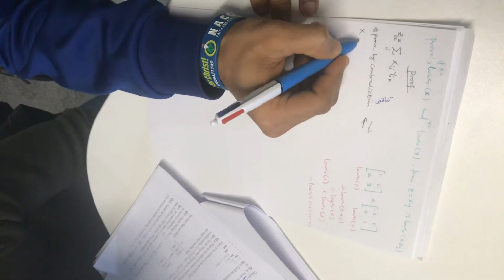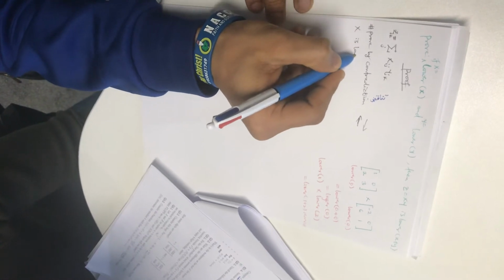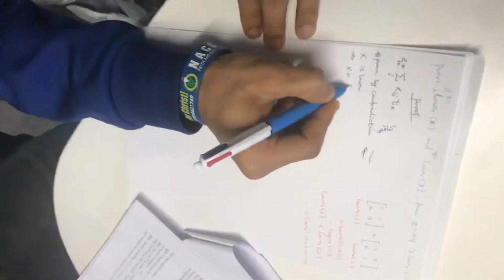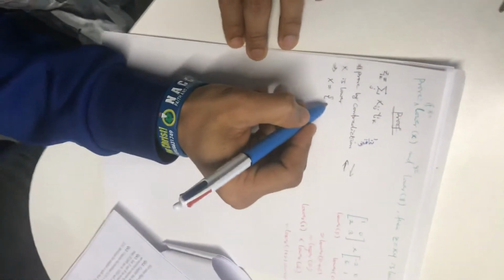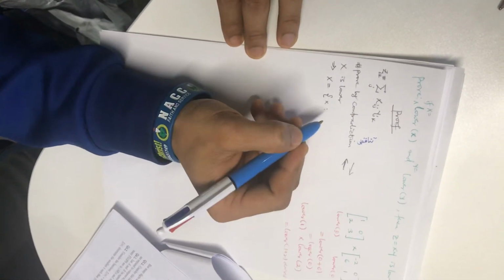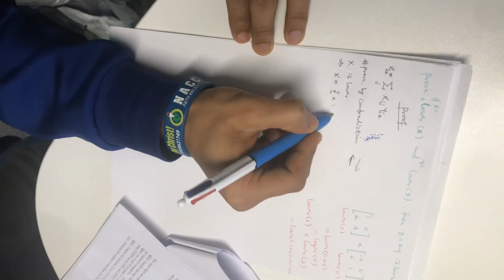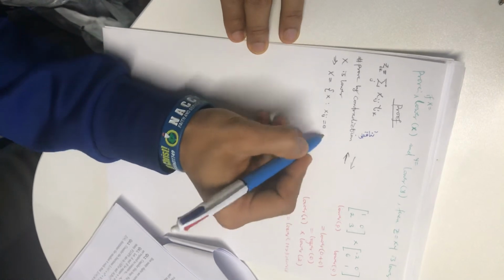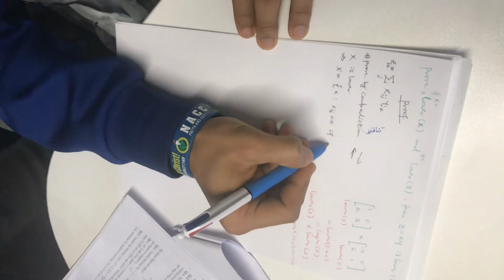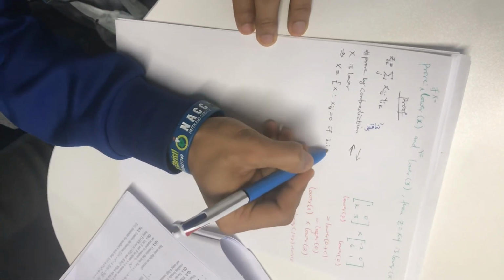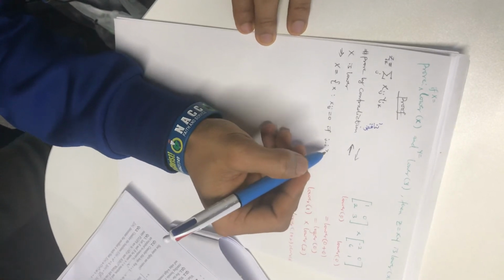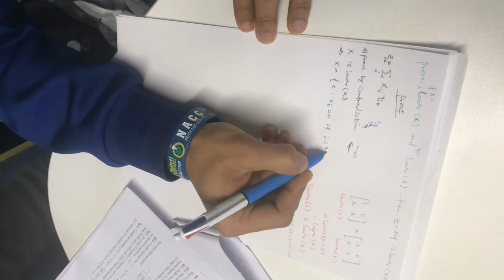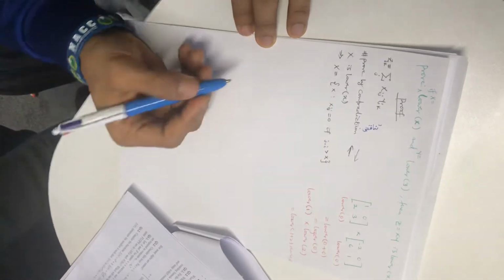X is lower implies that x is defined such that x_ij is equal to 0 if j minus i is greater than x. That's how we define it.